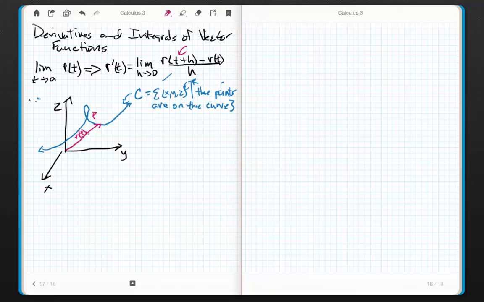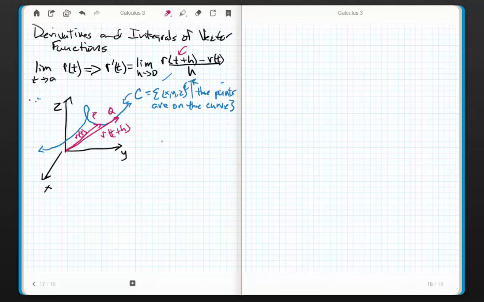Well, time changes, right? So let's simplify this quite a bit. I'm going to call this Q, and I'm going to call this guy r of t plus h. So this is a minute little change in t that moves me farther down the curve. That's all that it is.